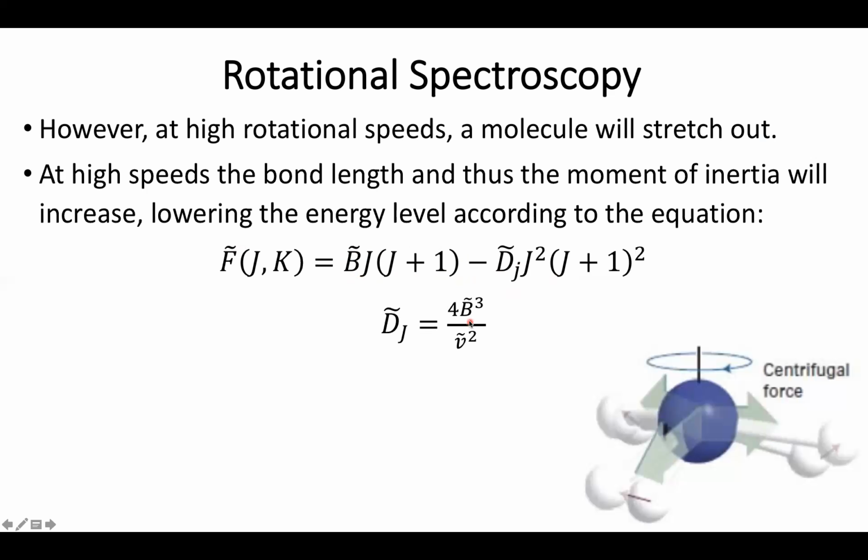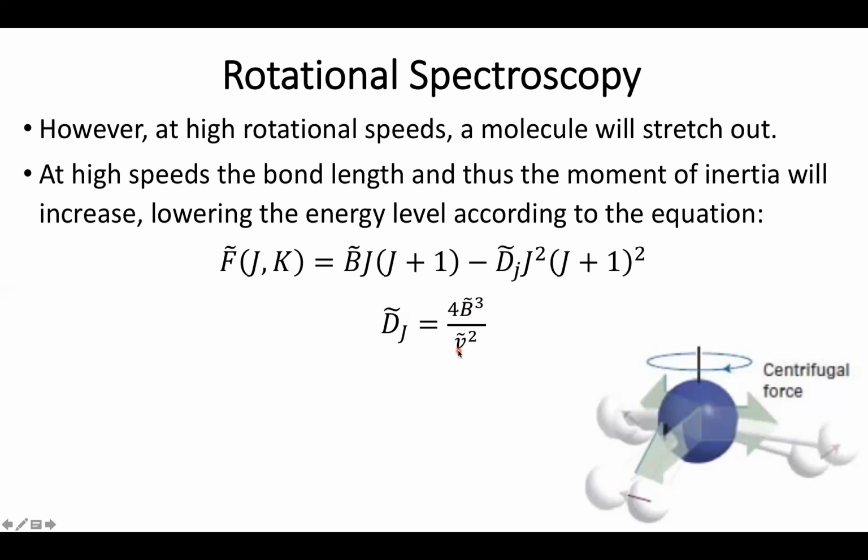And this is going to be essentially related to a ratio of my rotational constant and my vibrational constant. So you can imagine if I have a large rotational constant, this means I have a certain degree of fast rotation, or a large moment of inertia, so this will play a role.